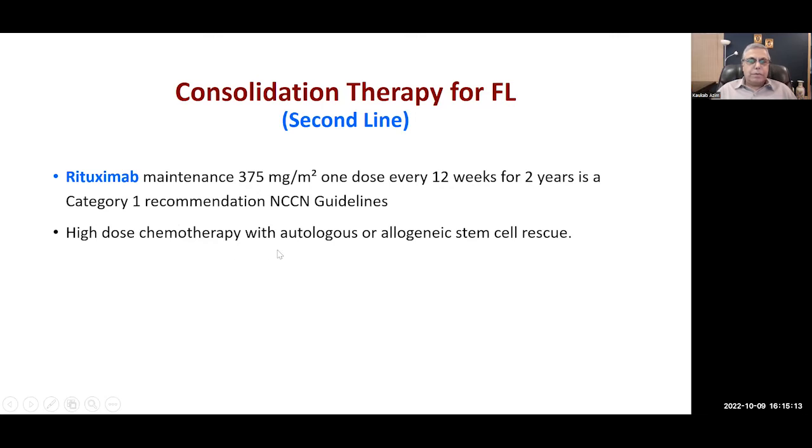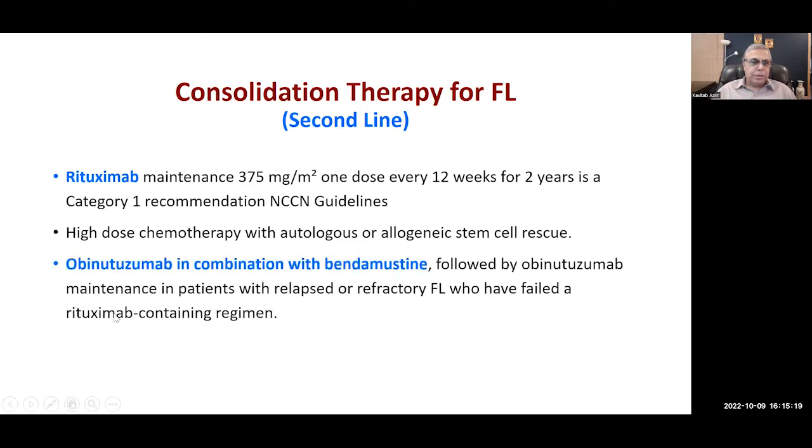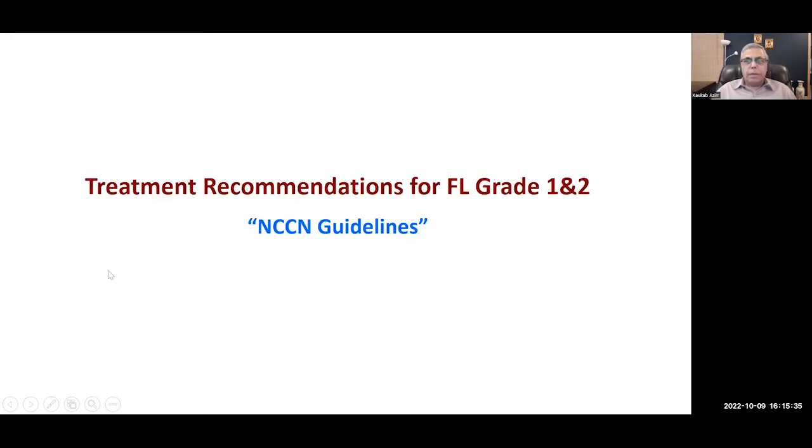High dose chemotherapy with autologous or allogeneic stem cell rescue or transplant. This is the second choice. Obinutuzumab in combination with bendamustine when the patient has failed to respond to rituximab, okay? They are both anti-CD20 antibodies, but if the treatment fails with rituximab, you can go on to the other ones.